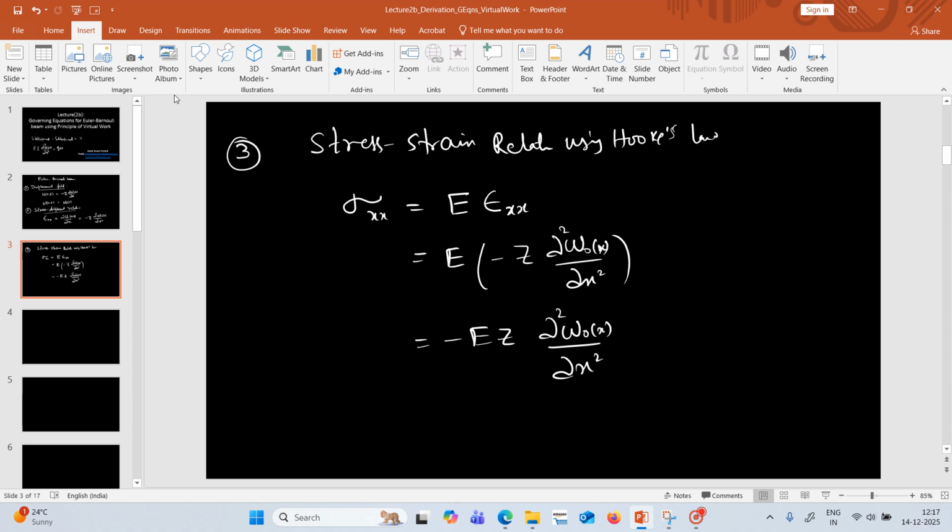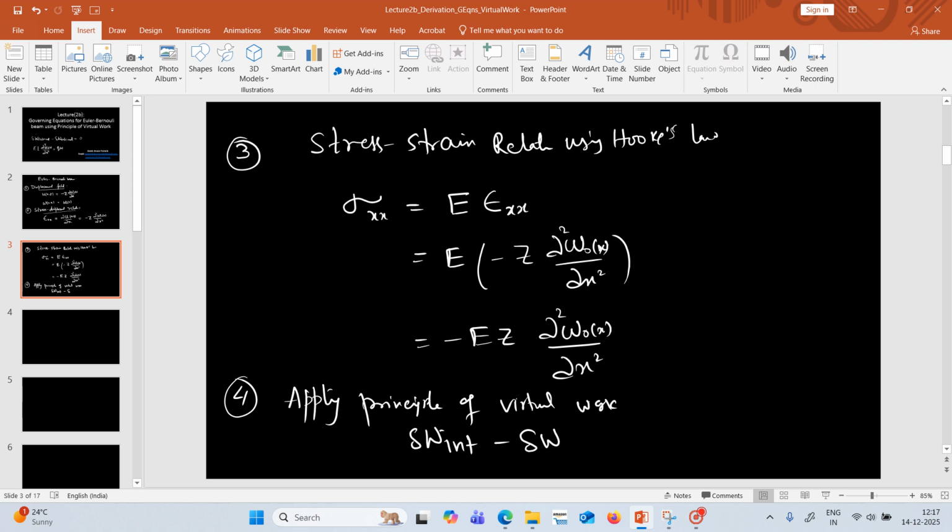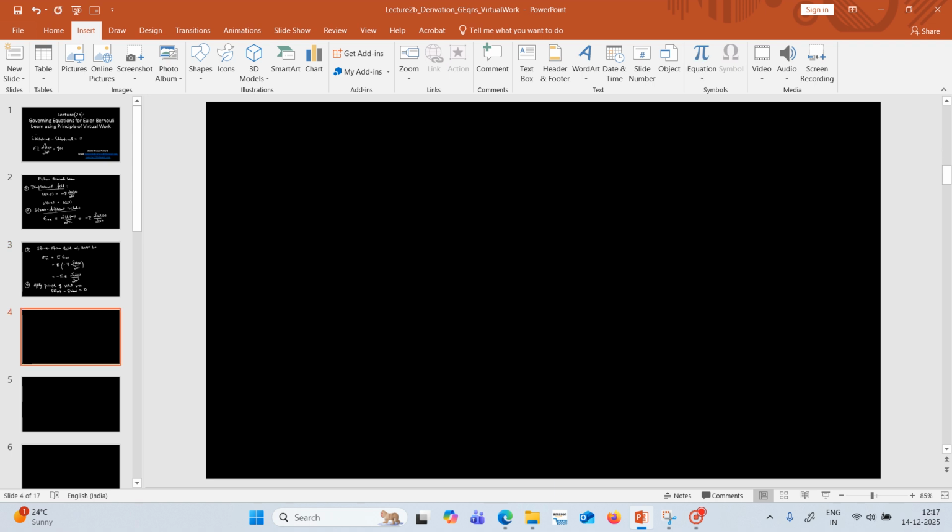Now the fourth stage is applying the principle of virtual work, that is, delta work internal minus delta work external equals 0.